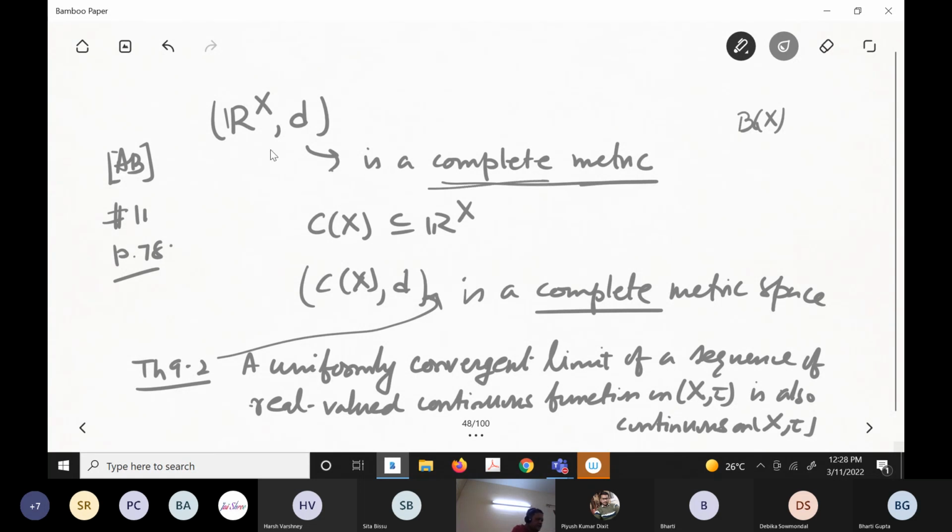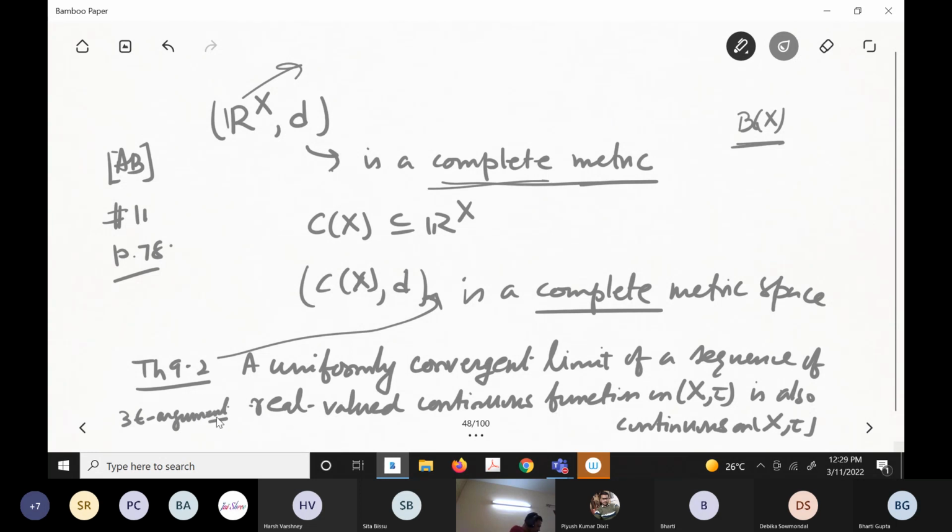The technique will be the same. You should check that. Also, you will be using the completeness of R. So this is theorem 9.2, and again you should remember this is the so-called standard 3 epsilon argument, because we split into 3 parts.